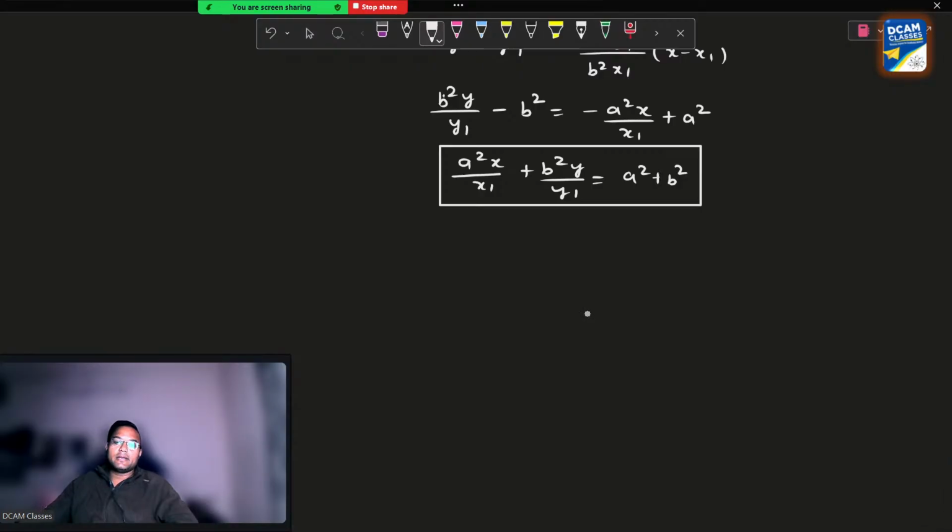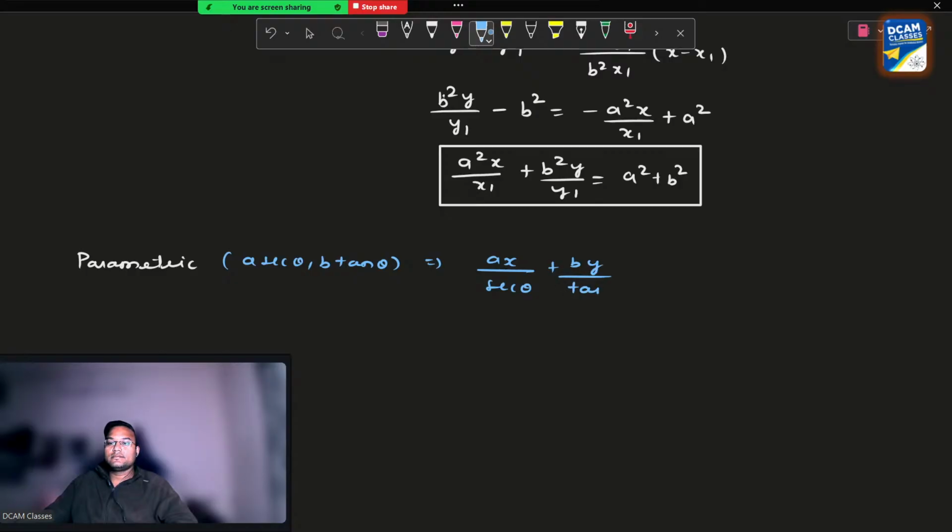And now I'll tell you the parametric form also. This equation will be ax by secant theta plus by tan theta is equal to a square plus b square. Now you should go for solving one question.